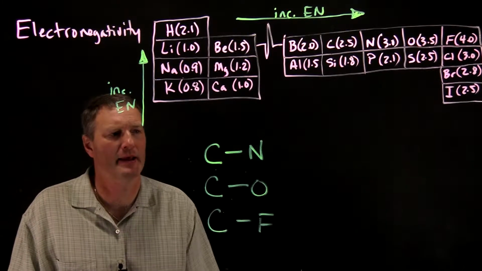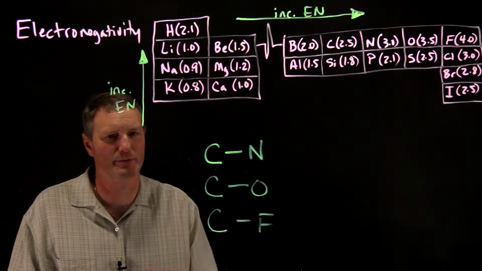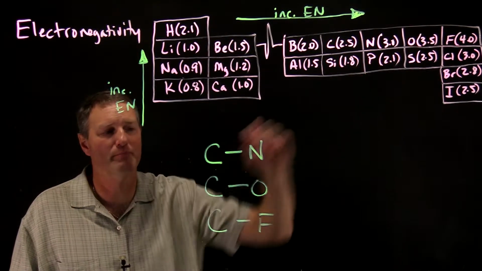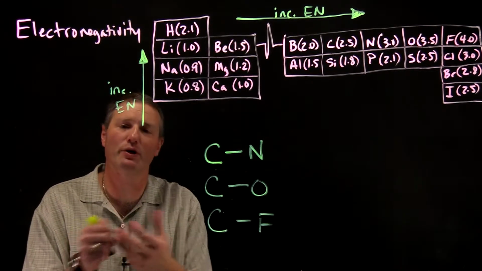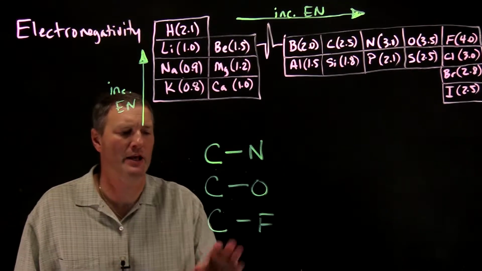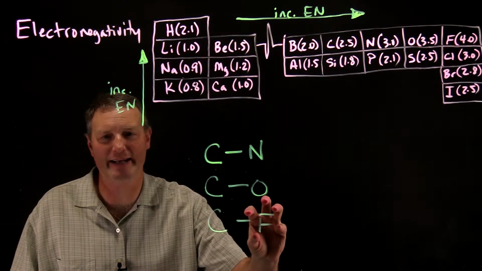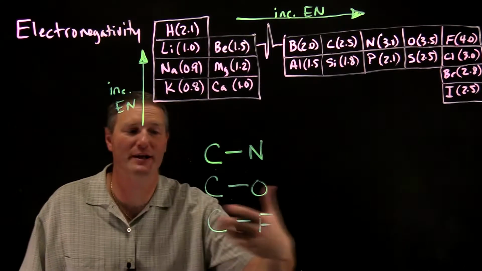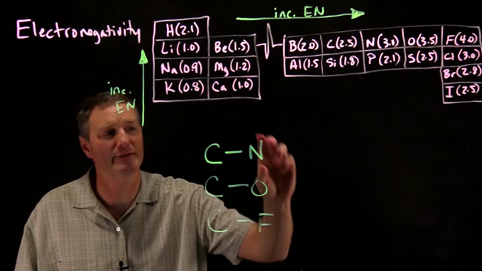Well, a polar bond is an asymmetric distribution of electrons. The more electronegative the atom is, the more ability it has to pull electrons towards it. In this carbon-fluorine bond, fluorine is essentially acting like a much larger magnet, pulling the electrons away from carbon more than oxygen would, and even more than nitrogen.